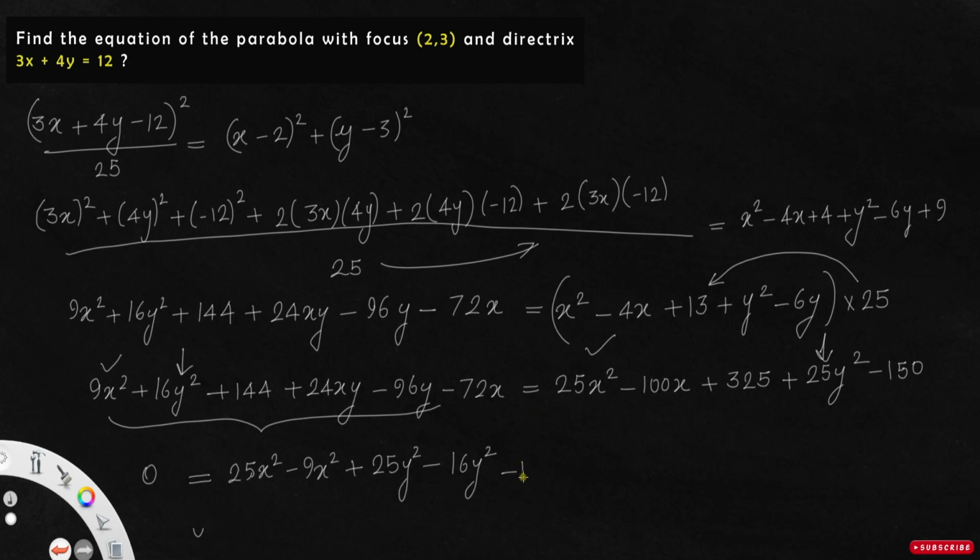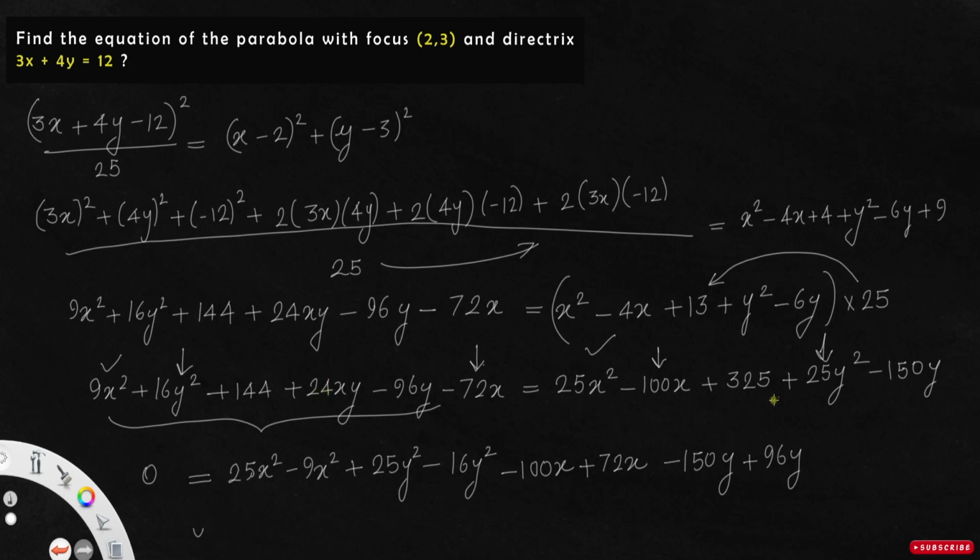Now minus 100x and plus 72x. Then the y term, there is a 150y in here, so that will be minus 150y plus 96y.